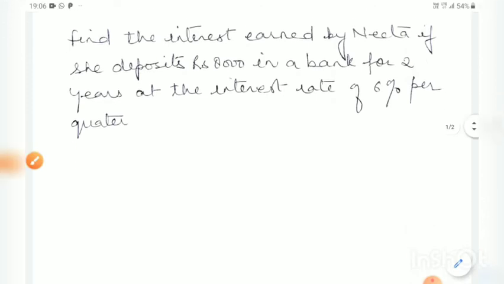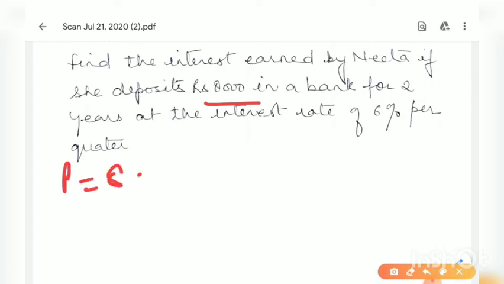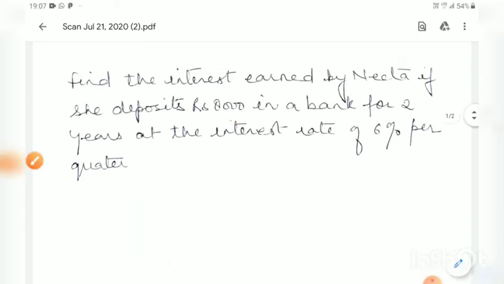Now P is 8,000. 2 years, when you have converted in terms of quarter, the time is 8 quarters, not months, it is quarters.